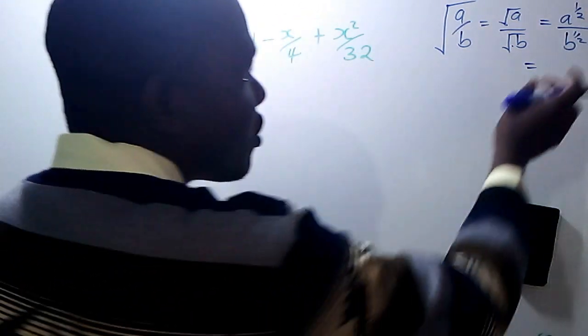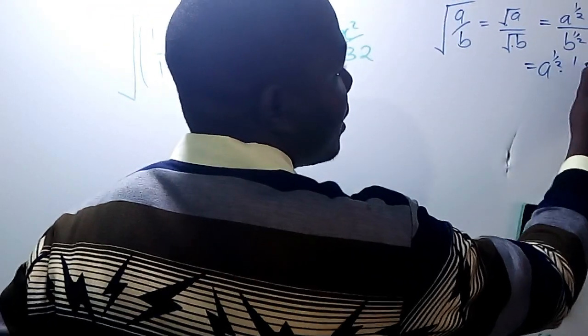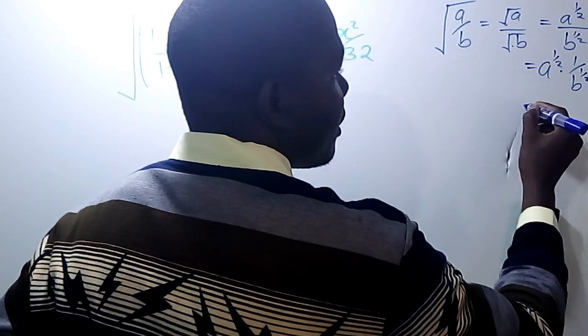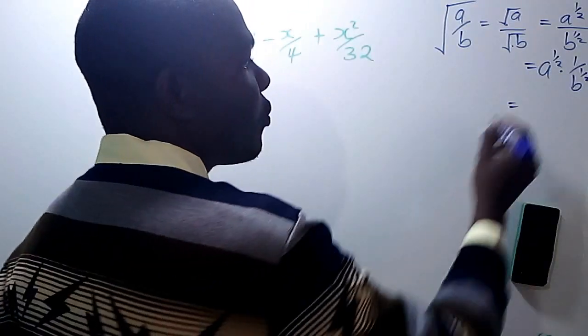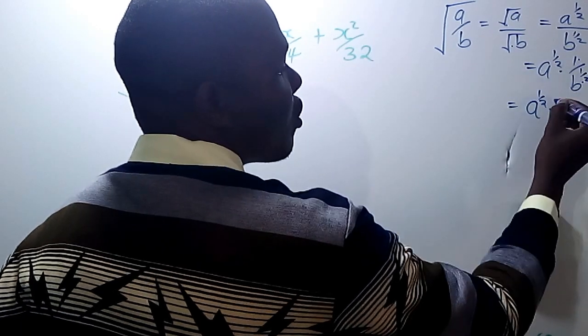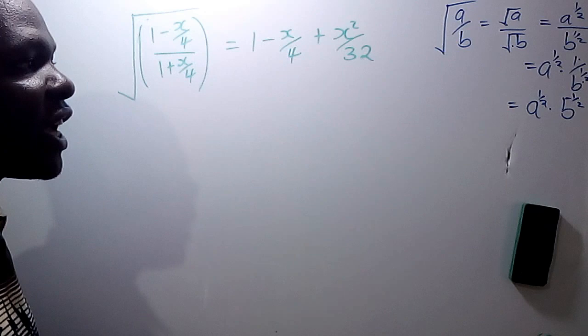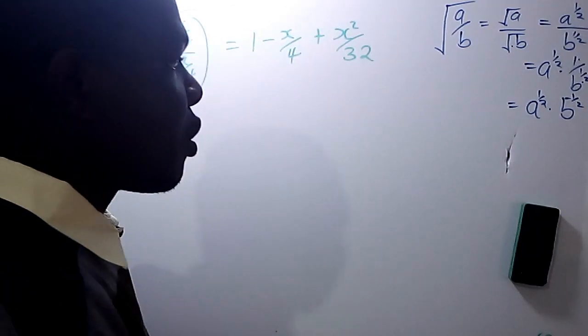This is the same as a raised to power half times 1 over b raised to power half. So we have a raised to power half, then b raised to power negative half, you put the negative to show the reciprocal.